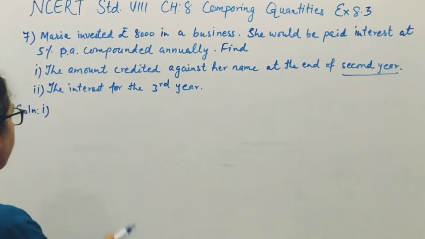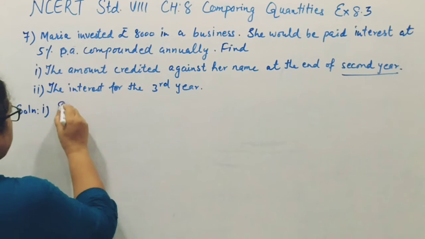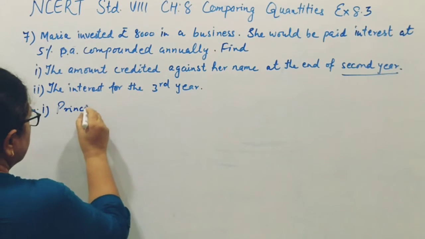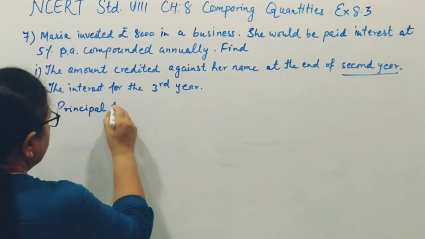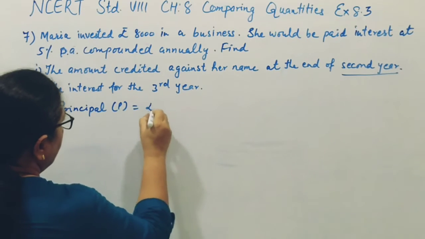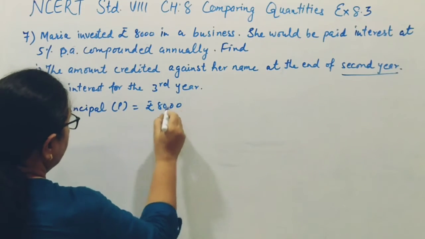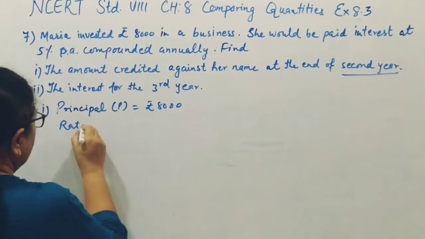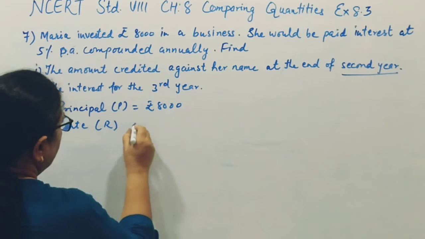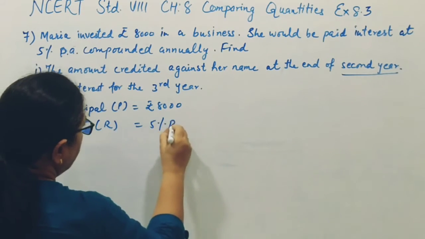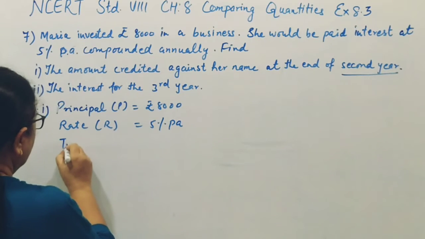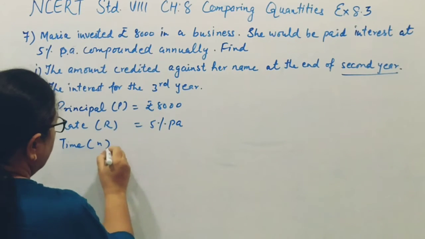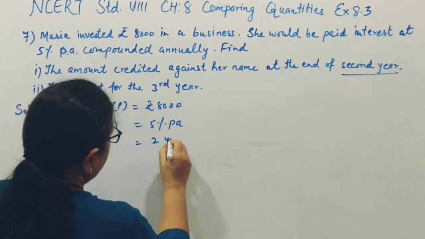So let us start with the first part. Principal, rupees 8,000. Rate, 5% per annum. Time, 2 years.